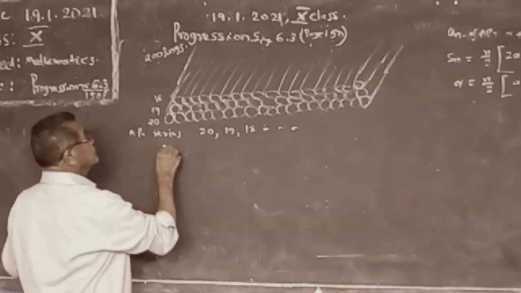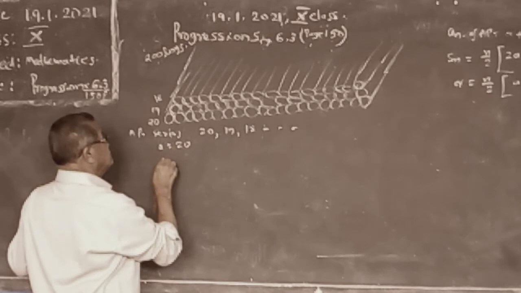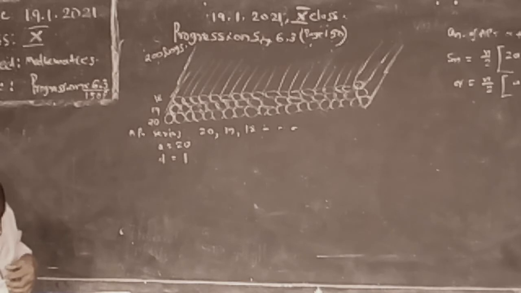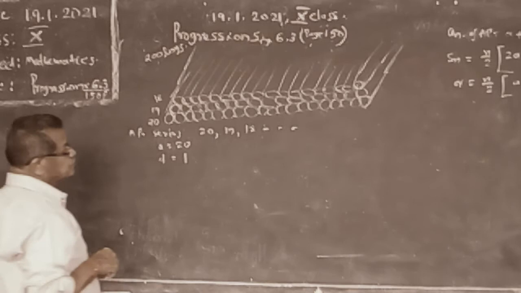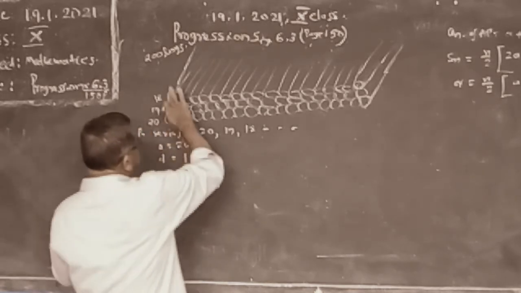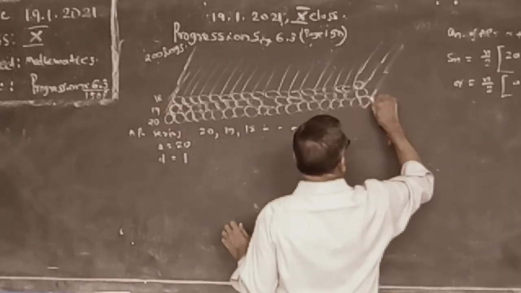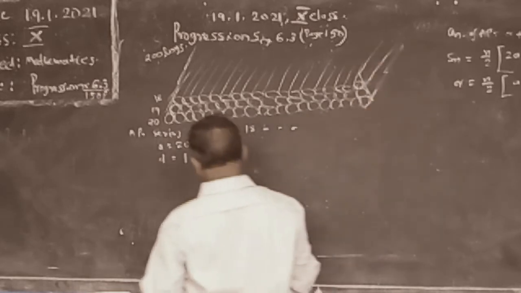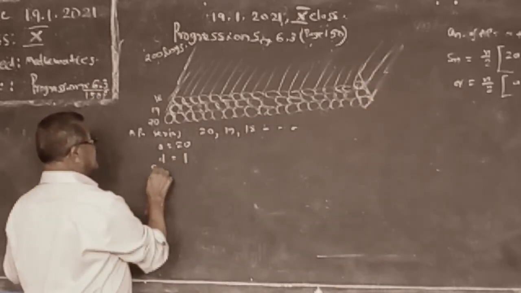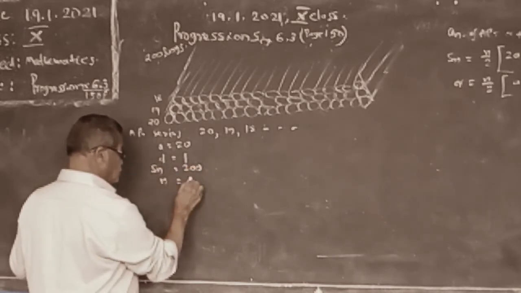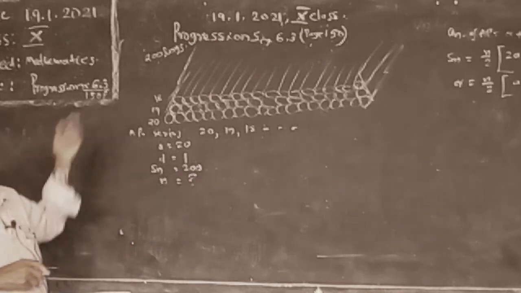Here a equal to 20, d equal to minus 1, and Sn is given as 200. We have to find n. How many rows are there first?